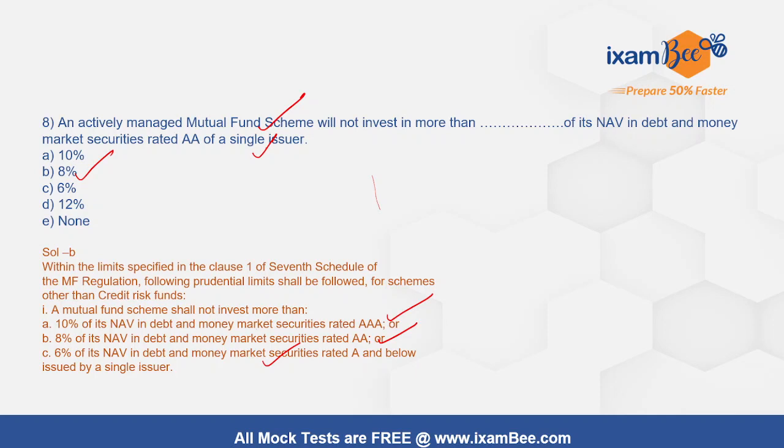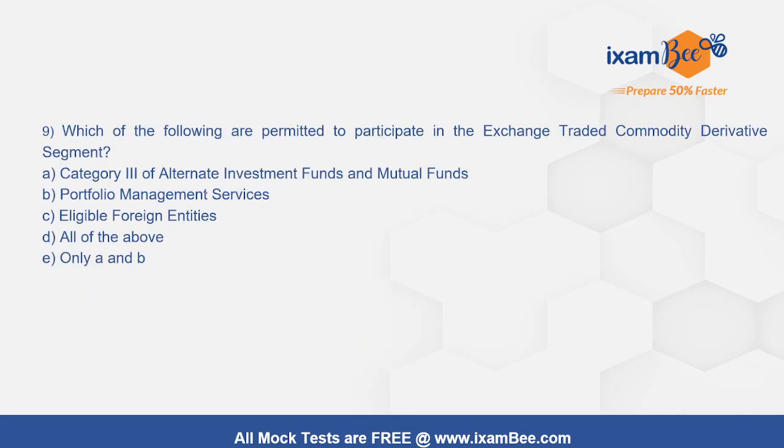Whatever the investment limits are, they can be extended by up to 2% of NAV of the scheme with the prior approval of the board of directors of the particular asset management company, right? So the overall compliance of the 12% limit has to be adhered to as per the mutual fund regulations. Okay, next question.